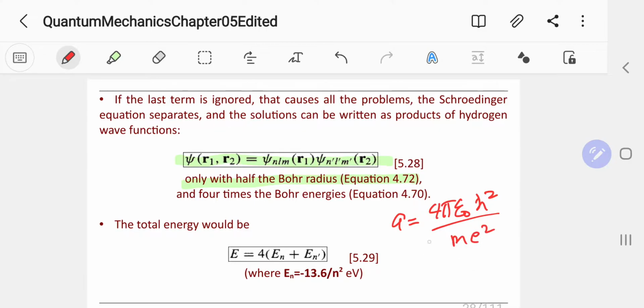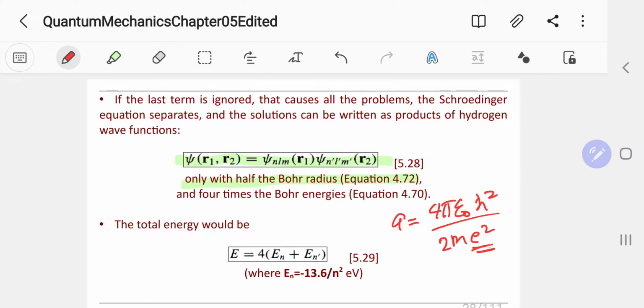But for the helium, you have here a factor of 2, because you are now dealing with 2 protons in the nucleus, and then you have an electron.